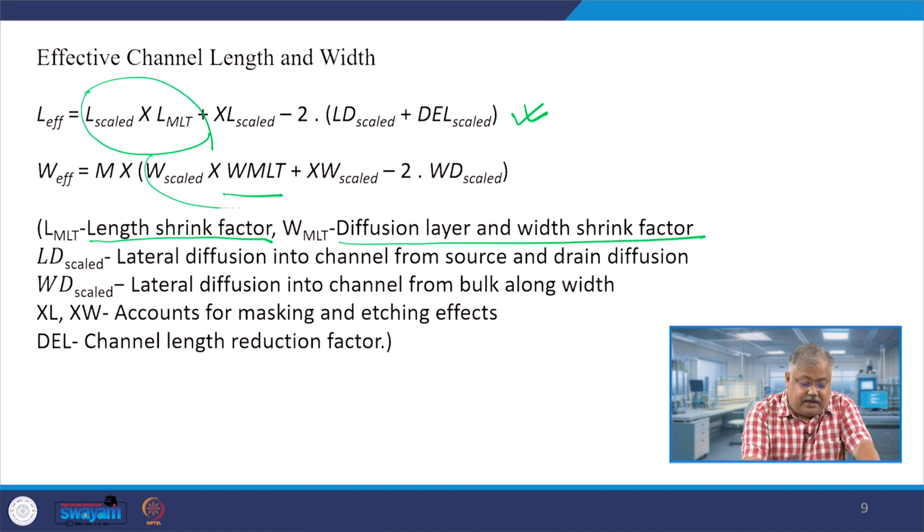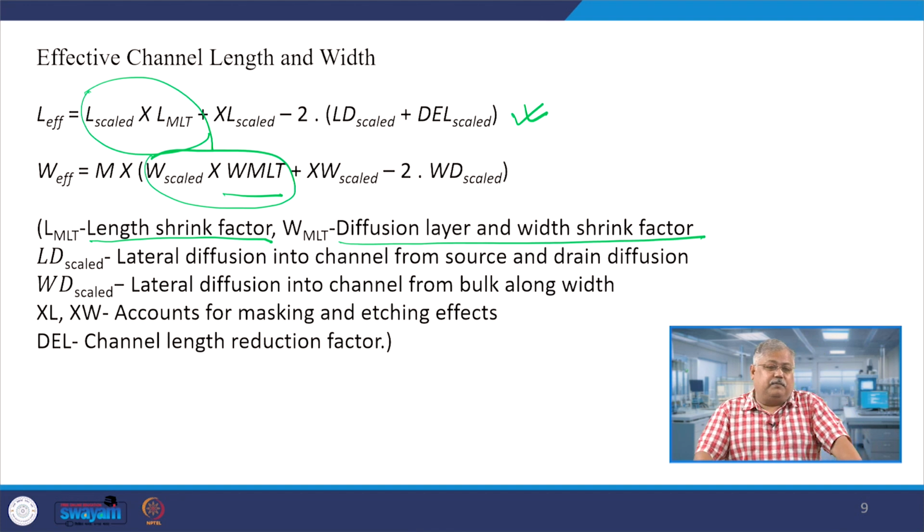Because of some lithographic problems, there is a shrinking factor, because of which the total length and width have been reduced by a certain value, because LMT and WLMT are values between 0 and 1, more than 0 and less than 1.